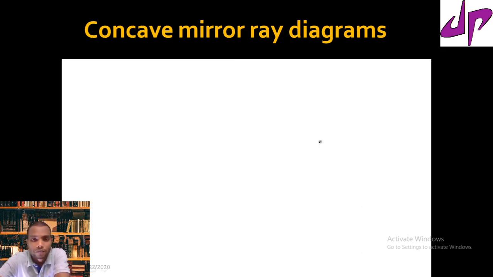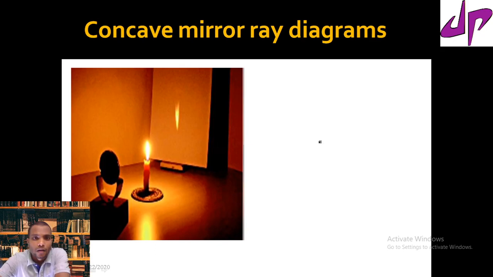Let's see one more. Now observe this diagram carefully. Here the candle flame is the object, placed in front of the concave mirror.